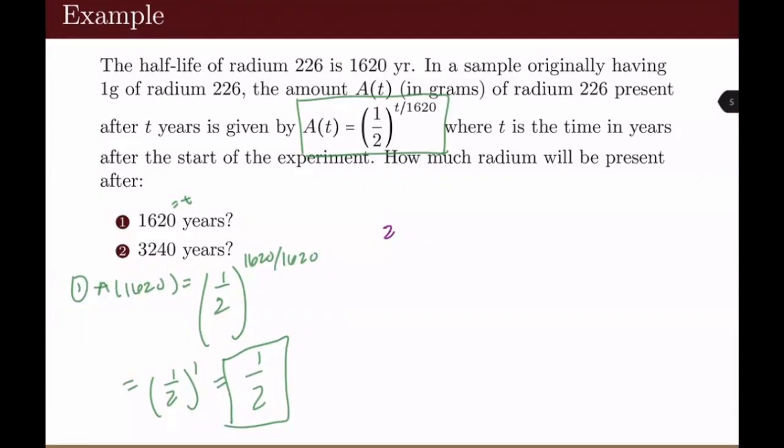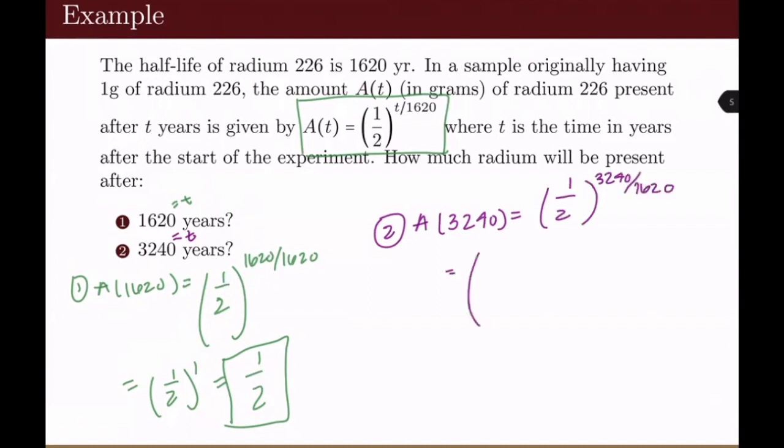And then for part 2, we are going to plug in 3240 for T. So that means we're going to have A of 3240 equals 1/2 to the 3240 divided by 1620, which is equal to 1/2 to the 2nd power, since this divided by this is 2. And this is equal to 1/4. Not too bad, right? Let's keep going.